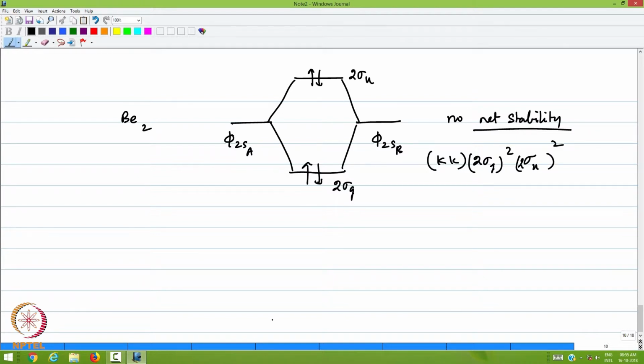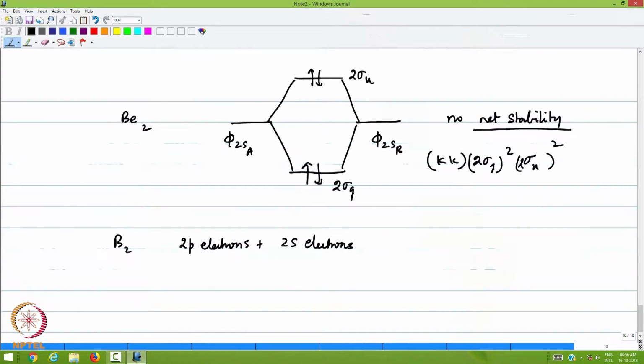Okay. Now, boron dimer. Now, we have the 2p electrons of the boron as well as the 2s electrons of boron. They both participate in the bonding because they are both valence electrons as far as the boron is concerned. Now comes the difficulty, how do we define the linear combination? Should we treat the 2s electrons to form their own linear combinations and the 2p electrons to form their own linear combination?